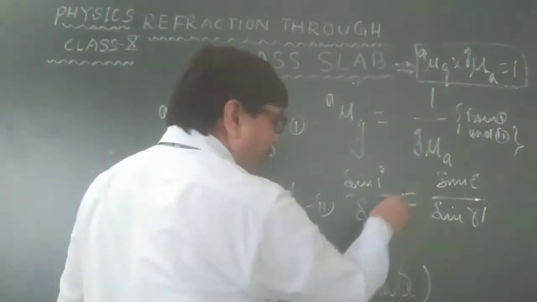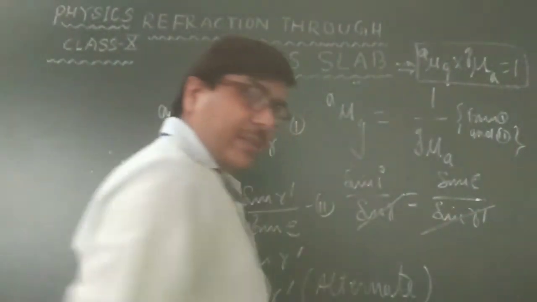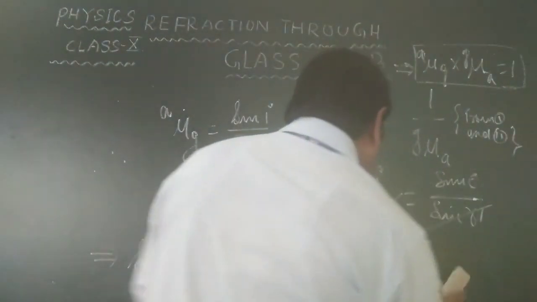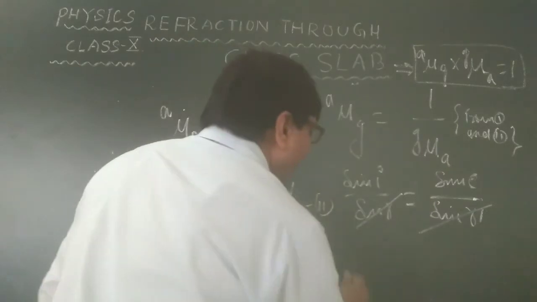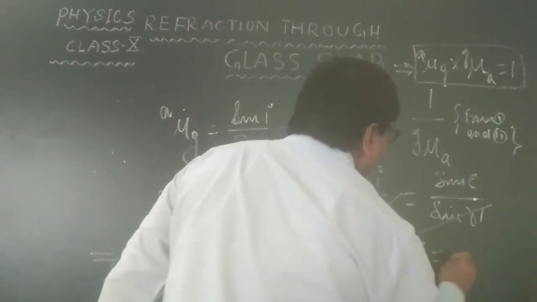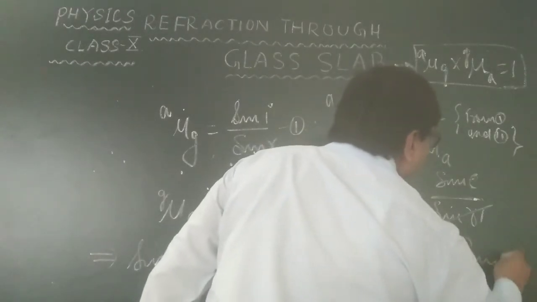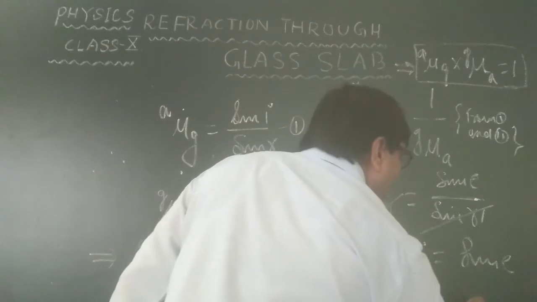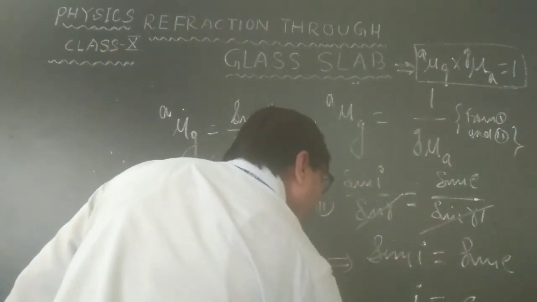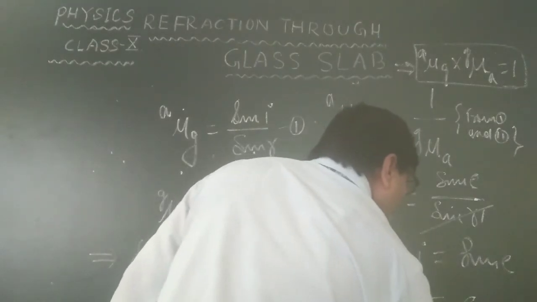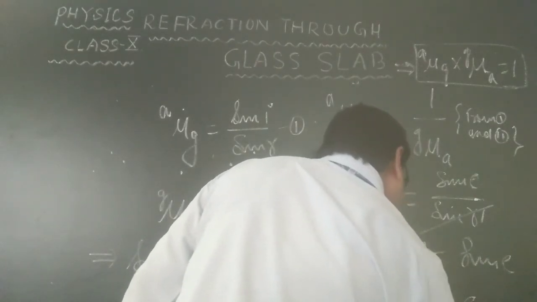So this can be cancelled. Now we can write sin i is equal to sin e. So angle i is equal to angle e. Thus the angle of incidence must be equal to the angle of emergence in this case.